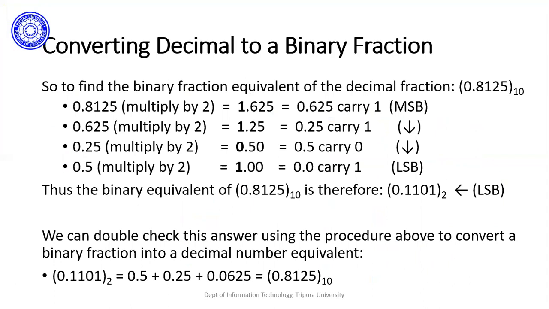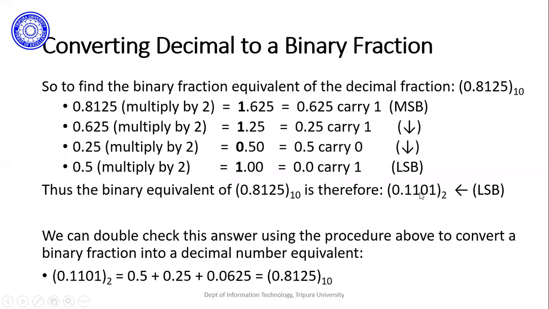We take 0.8125 multiplied by 2, we get 1.625. So this 0.625 and we have a carry of 1, which is the MSB. Then 0.625 into 2, same thing. Then 0.25, we have remainder 0.5, so it is 0. Then finally 0.5 multiplied by 2 is 1. So 0.8125 base 10 is 0.1101 base 2.